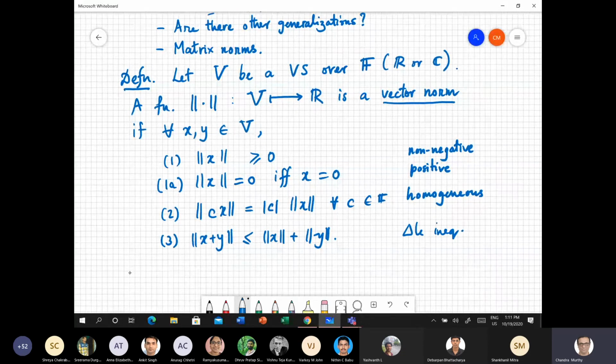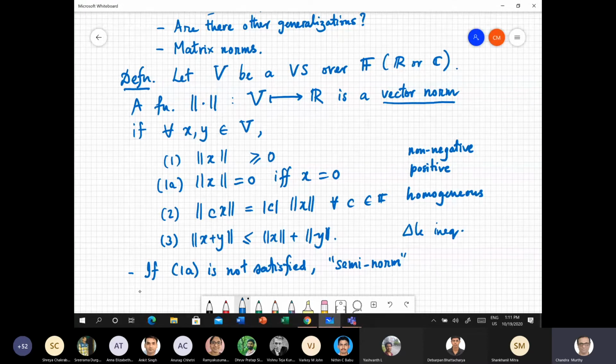Now, a couple of variations: if the property 1b is not satisfied, then it is called a semi-norm. And if the triangle inequality is not satisfied, then it is called a prenorm.